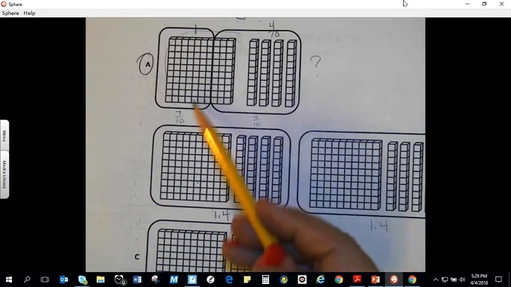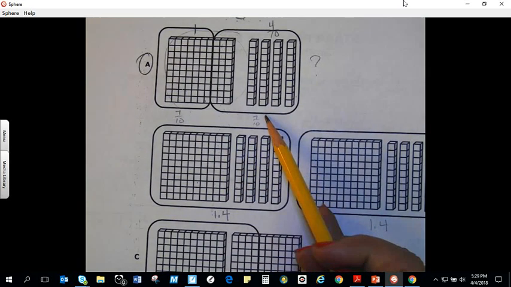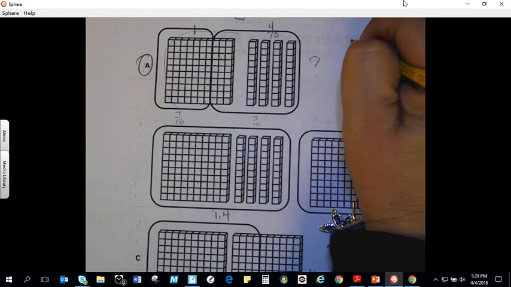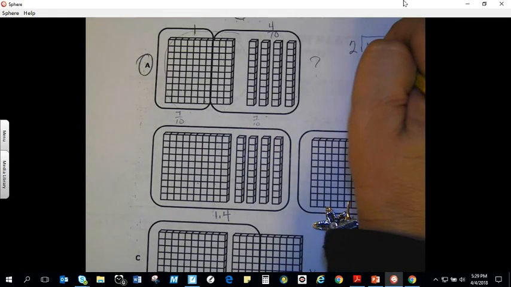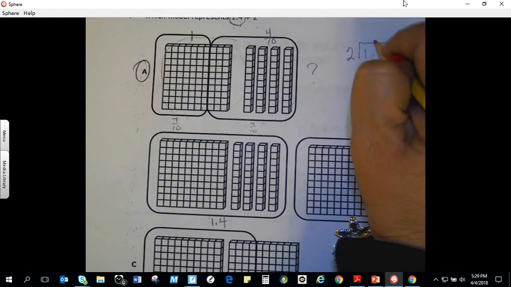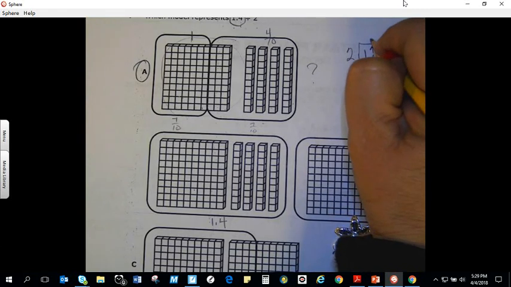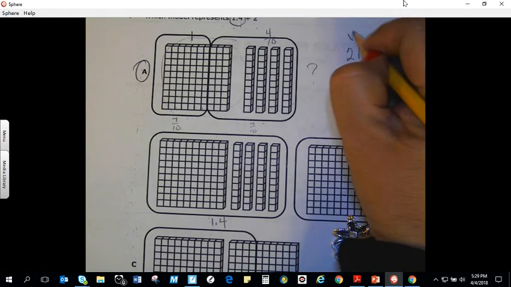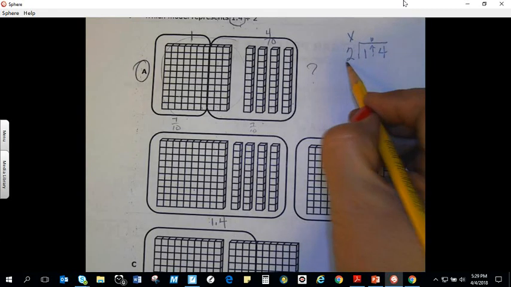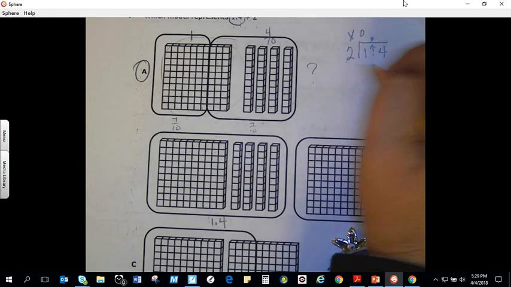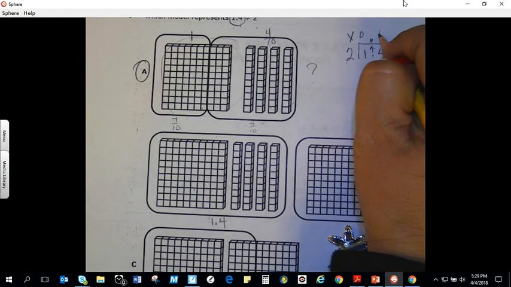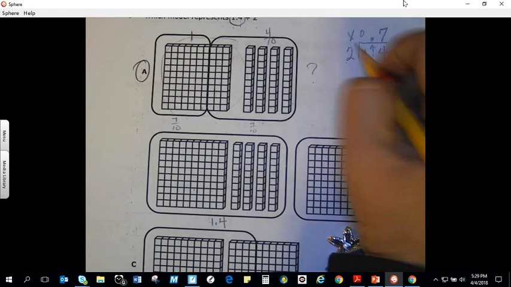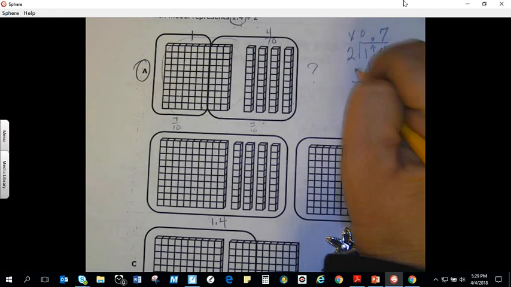Because here you have 7/10 and you have 7/10. And if I had 2 goes into 1 and 4/10, I'm going to bring my decimal up. 2 does not go into 1, but 2 can go into 14 7 times. 7 times 2 equals 14 minus 0.